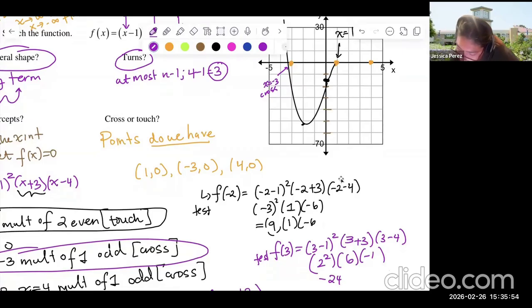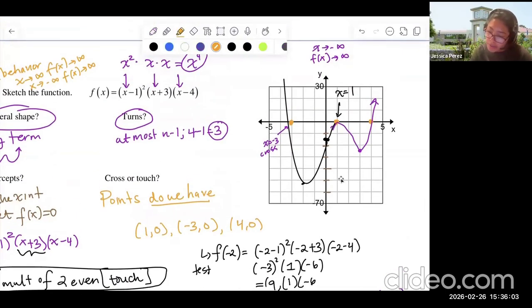So it's going to be somewhere here, down 24. So it's going to touch and then it's going to go down and then up again. How do I know it's going to go up again? Because of my end behavior. My end behavior tells me that this is going to keep increasing, because as x goes to positive infinity, my function will also go to positive infinity.